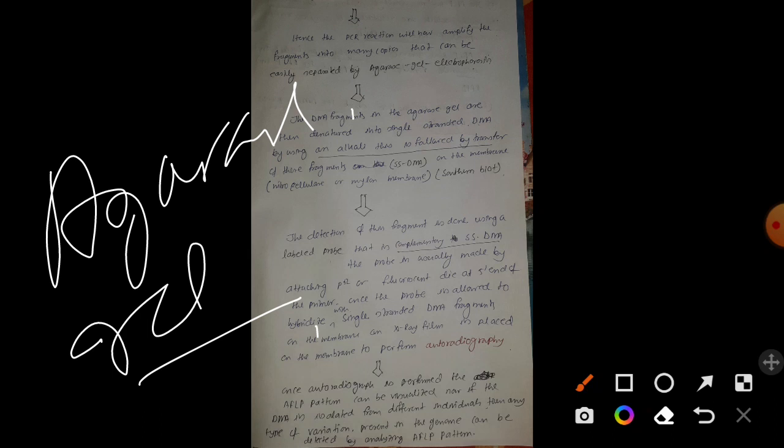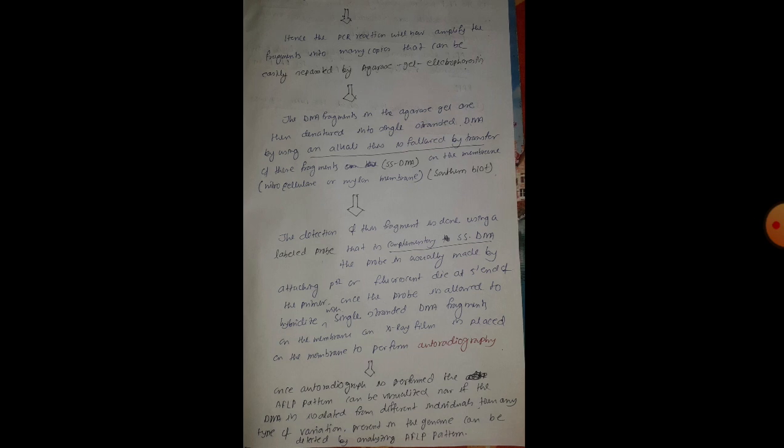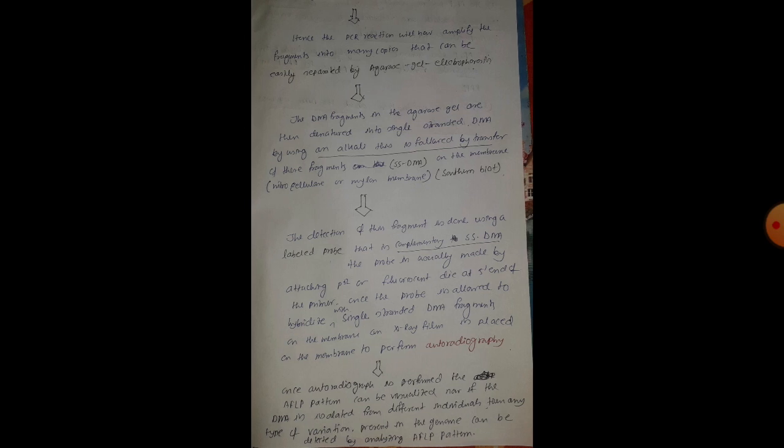Now, from those DNA fragments we will perform Southern blot. Southern blot means here we are transferring the DNA fragments from the gel onto a membrane. That can be a nitrocellulose membrane or a nylon membrane. It is important to understand that we are doing this because further manipulation in the gel is very difficult, because gels are fragile. Under such circumstances we transfer our DNA fragments onto a membrane for easy handling. After transferring onto the membrane, we can denature them with the help of alkali.